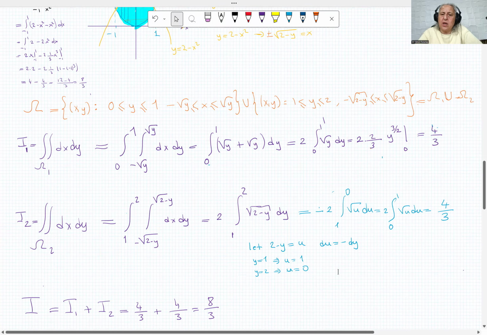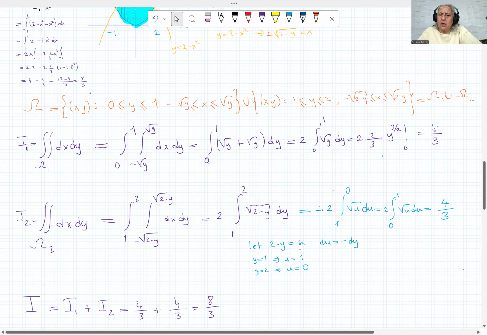If we take 2 minus y equal to u, then minus dy is equal to du. y equal to 1 gives u equal to 1. y equal to 2 gives u equal to 0. So we have minus 2 root u from 1 to 0 now. If you change the order of limits here, that will be minus minus, so that will be plus. And we integrate, and then we will find 4 over 3, as we've done here.